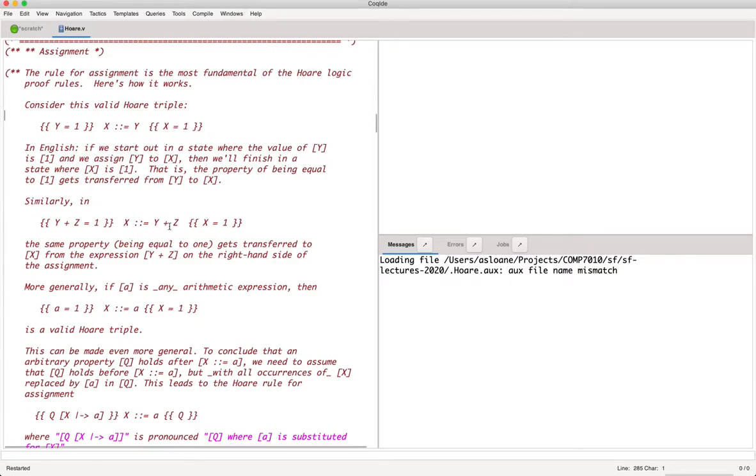This is a very simple situation. So here's a slightly related one where, instead of assigning a single variable, we're assigning some expression, and we happen to know beforehand that expression is 1, then we know that x is equal to 1 afterwards as well in this case.